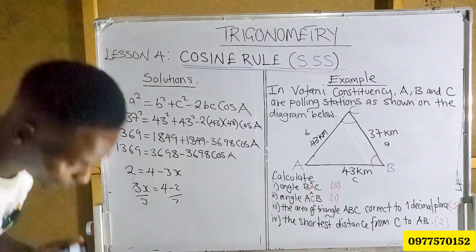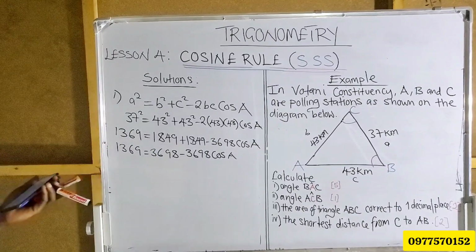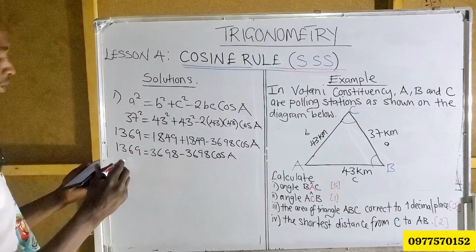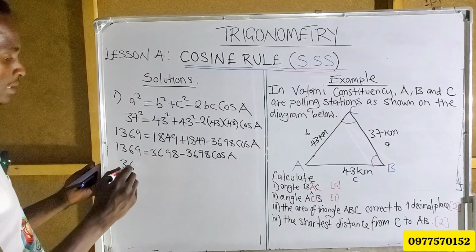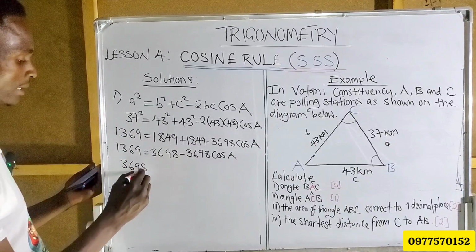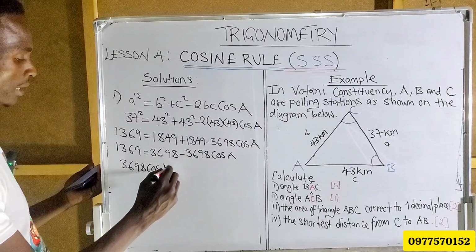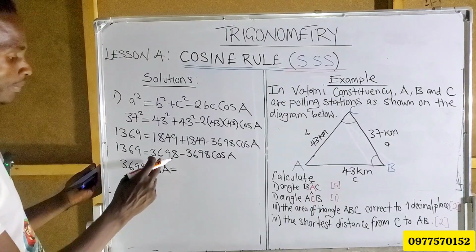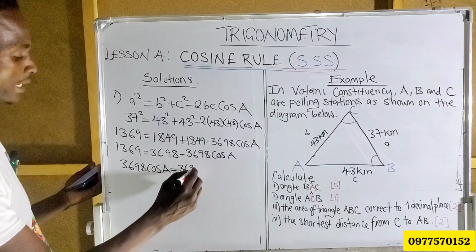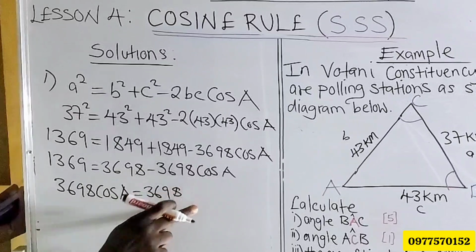Okay, now with what we have here, since it's negative, it becomes positive 3698 cos A is equal to, we have this positive, which is 3698 minus, let me not even add minus first.